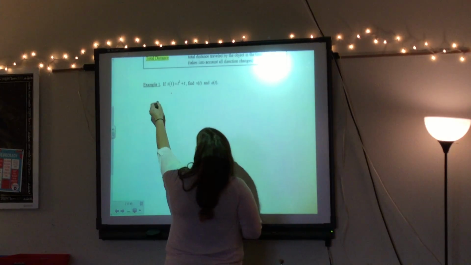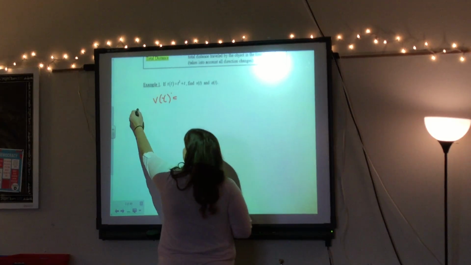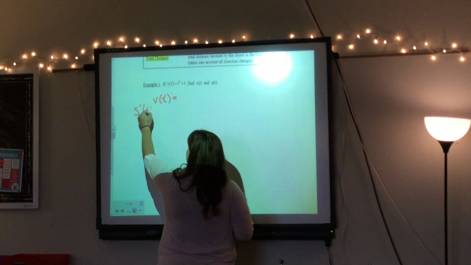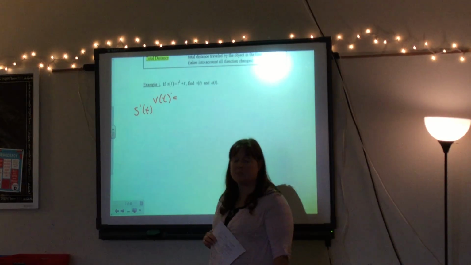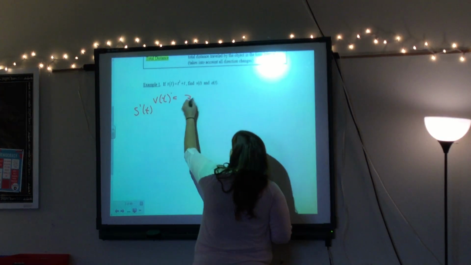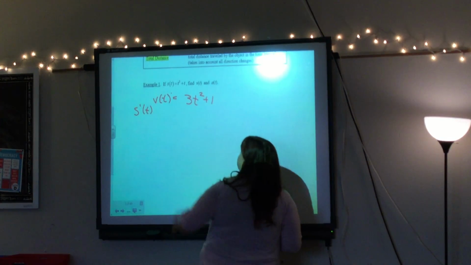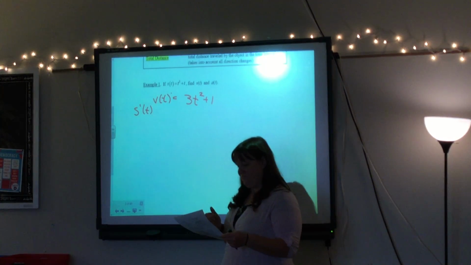Okay, so v of t is really s prime of t. We're finding the derivative of our position function. So it would be 3t squared plus 1. Oh, that's cake.